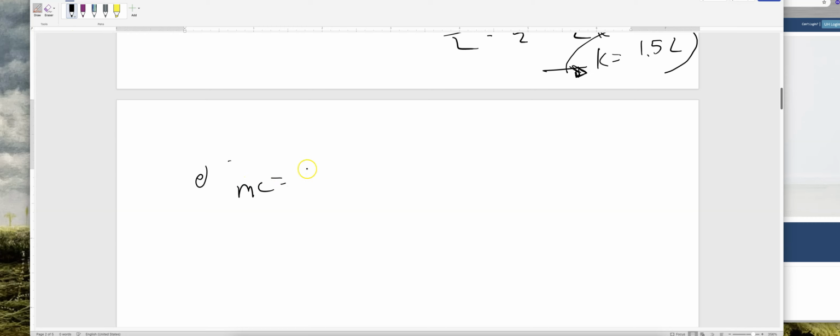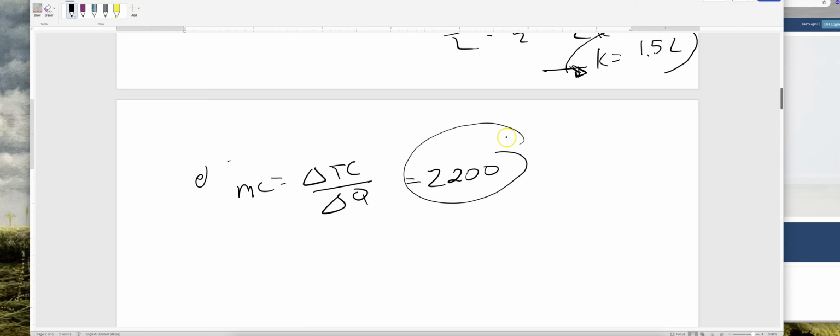And my marginal cost would be my change in total cost over my change in quantity, which is what? The 2,200, right? The thing that changed with respect to Q. And so then to answer the last part of this, how do the average costs vary with output?